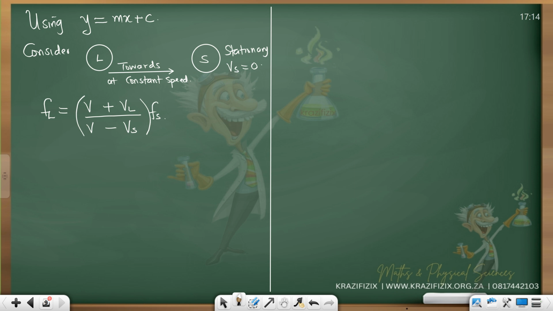Because we said the source is stationary, Vs is 0. So FL will be equal to V plus VL, and I normally just remove it. I hope it makes sense. Let us divide both sides by Fs. FL over Fs becomes V plus VL over V.